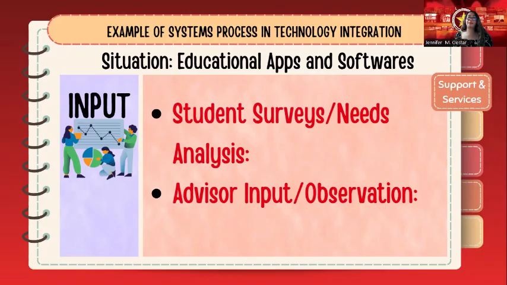For example, what apps would be helping the student academically, and what would be allowed by the institution, since most of the learners are now using artificial intelligence. Then feedback from the expert, it could be the observation.